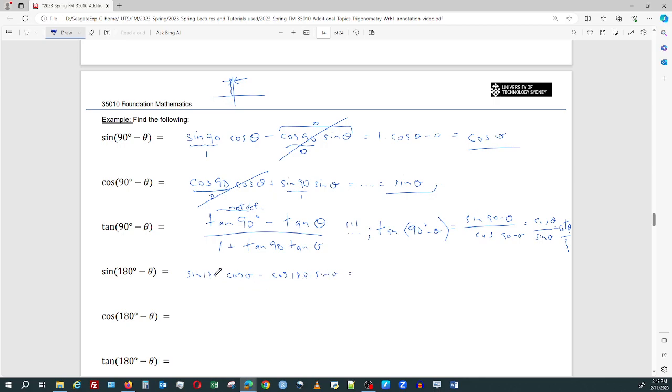So we're going to get sine 180, 180 degrees is here, pi. So the sine of that is 0. Cos of 180 is minus 1. So we're going to end up with minus sine theta. Now, I've got to tell you, you can check these with our technology as well.